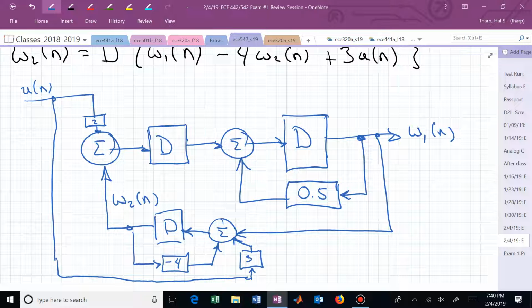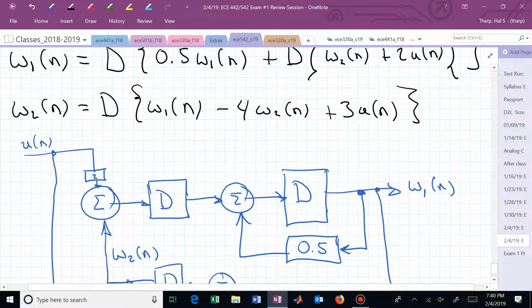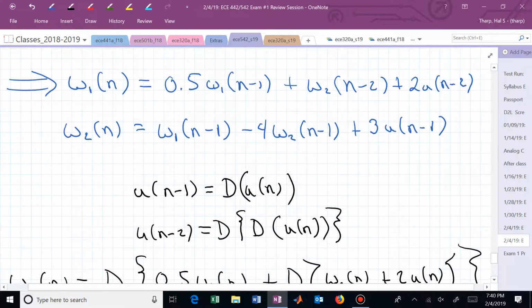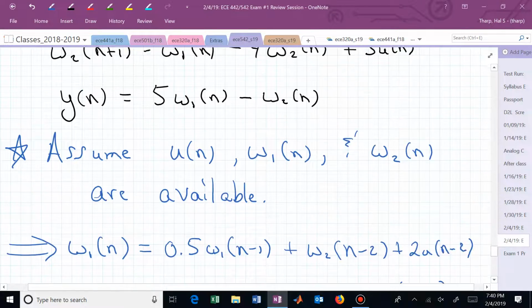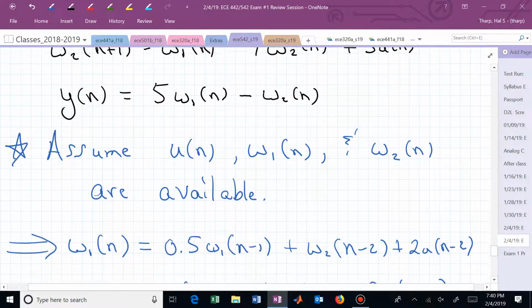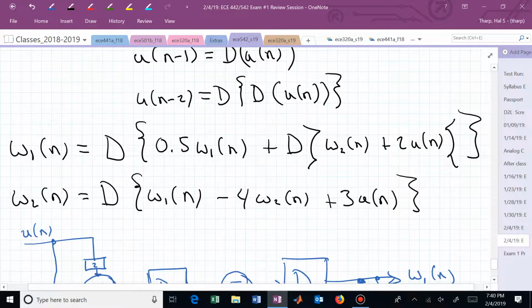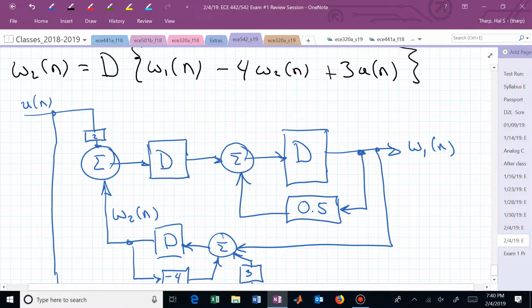Is that okay? Oh, and I still need to do y, don't I? Oh boy. So y, if I need it, where was y? It is 5W1 minus W2. So to generate y, I've already forgotten what it was. y of n was 5W1 minus W sub 2.